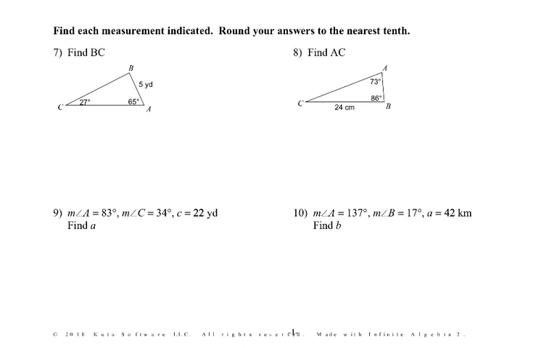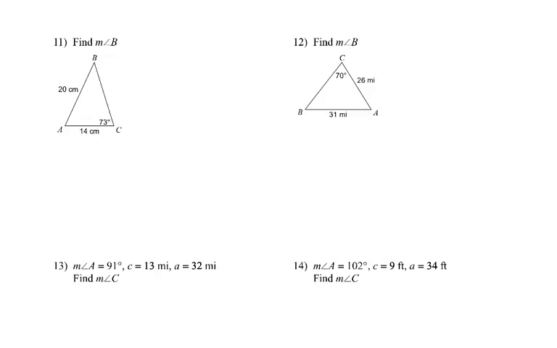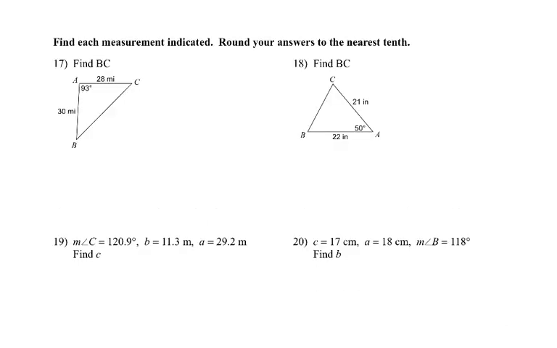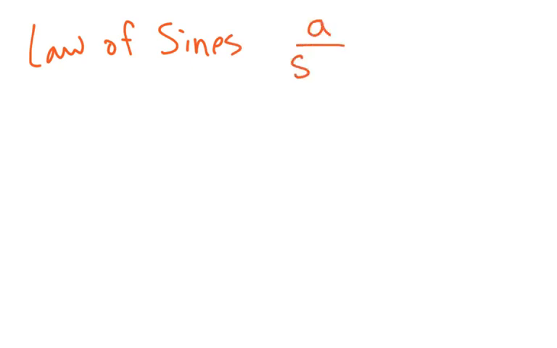Alright, so now we're going to use some law of sines and cosines, which is pretty much the whole rest of this, isn't it? Okay, so remember, we have law of sines. When we have a connection between a side and its opposite angle, we can set them equal to another side and another opposite angle.